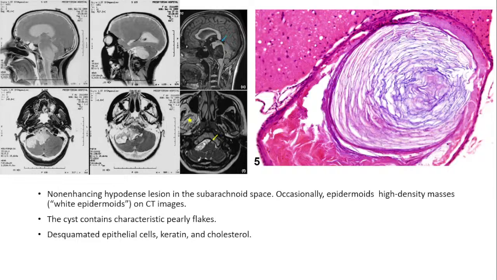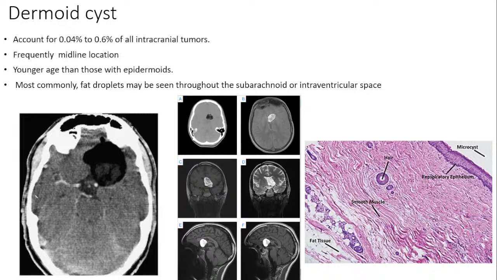That's on the histology. The dermoid cysts are a bit rare, composing around 0.04 to 0.6% of all intracranial tumors. These are usually midline structures, as opposed to the epidermoid, and usually contain all derivatives of the epiderm. Okay, so we shall have hair in that. We shall have tissue on the histological slides.